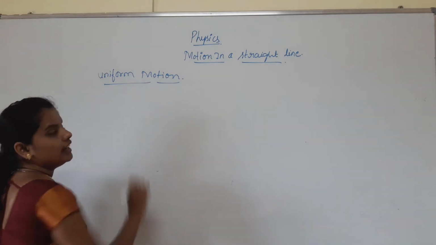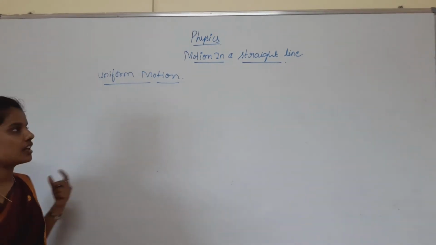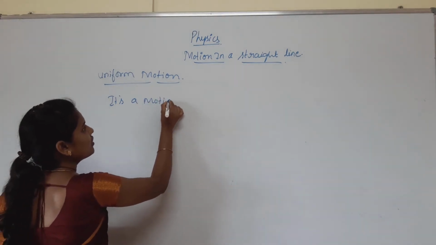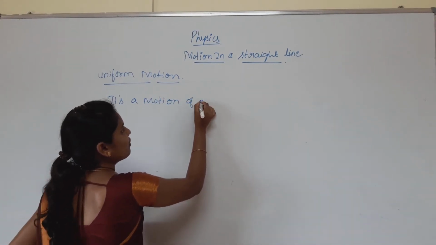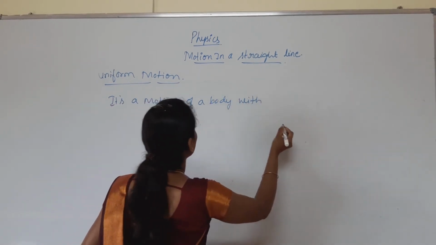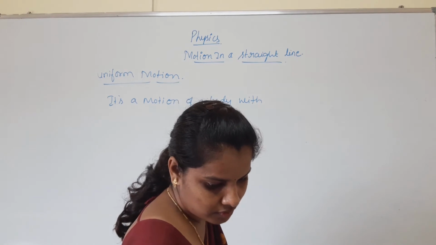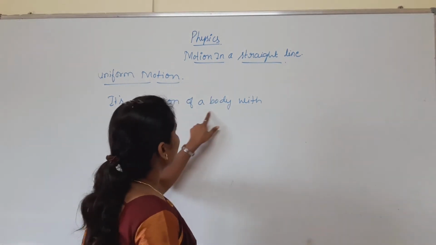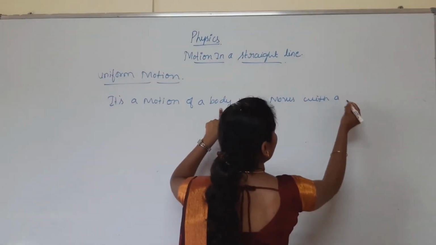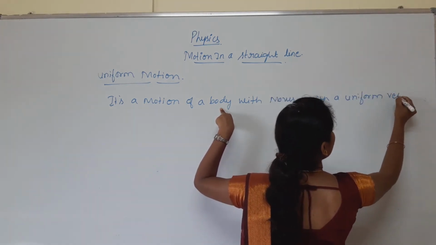Uniform motion is a motion of a body that moves with a uniform velocity.